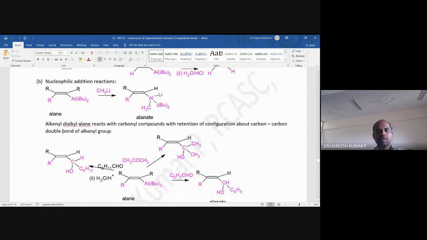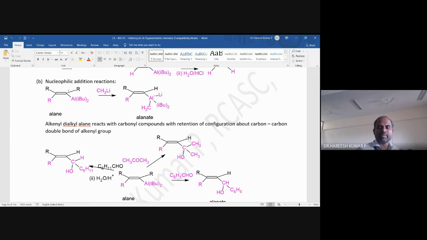So here one sentence is there. You just read it out. Alkynyl dialkyl alane reacts with carbonyl compounds with retention of configuration about the carbon-carbon double bond of the alkynyl group. You know that this is a double bond. If there are different groups, more particularly A is not equal to B and A dash is not equal to B dash, in such a case that double bond exhibits geometrical isomerism.